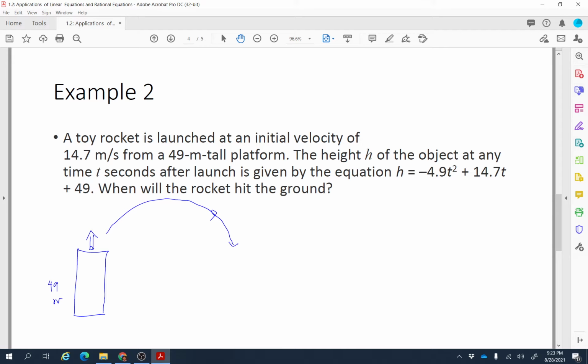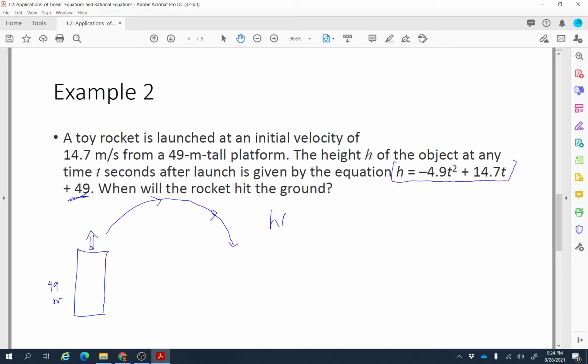That's the path this toy rocket is taking. Now the height h of the object at any time t seconds after launch is given by this function. As you can see, this includes plus 49. This is a quadratic function which represents the height of this toy rocket.